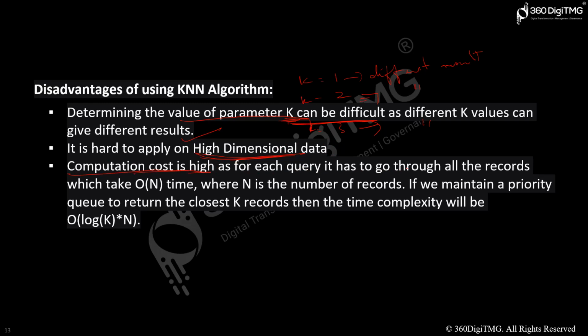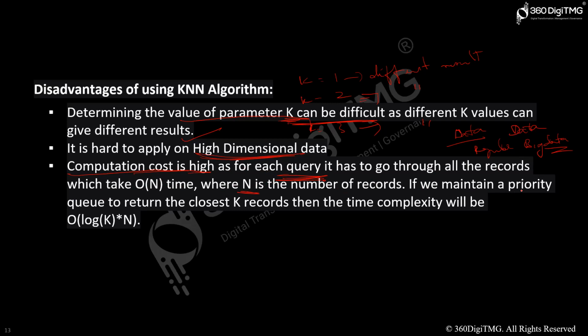For each query, it has to go through all the records, which takes a lot of time and computational power, whether it is a regular data set or big data. Here n is the number of records.